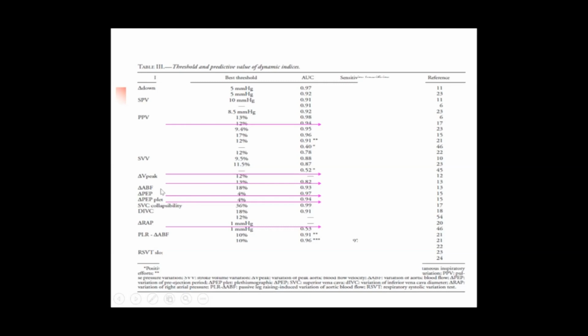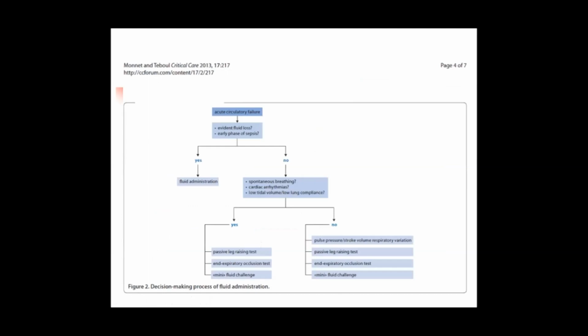Change in aortic blood flow, 13%. And delta PEP, that is the pre-ejection period, it is 4%. SVC collapsibility, 36%. IVC distensibility, 18%. Delta RAP, that is the inspiratory fall in right atrial pressure, 1 millimeter mercury. And passive leg raising induced change in aortic blood flow, 10%. So these are some threshold values.